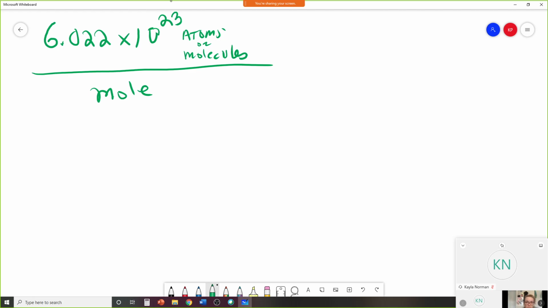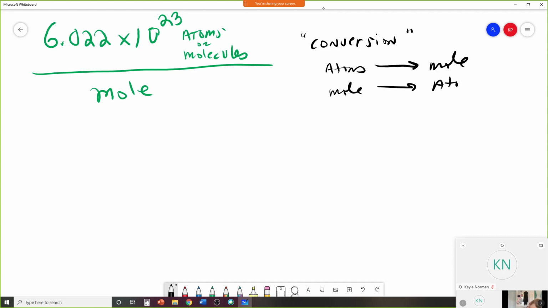Now, this in and of itself is not terribly exciting, but we have to be able to use it. All right, now, how do we use this? Anytime you have something over something, this is a conversion factor. It's the way you go from atoms to moles and moles to atoms or molecules.